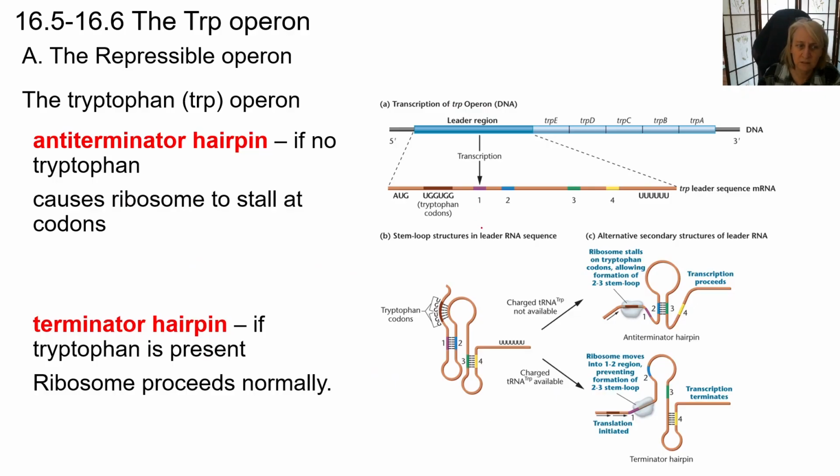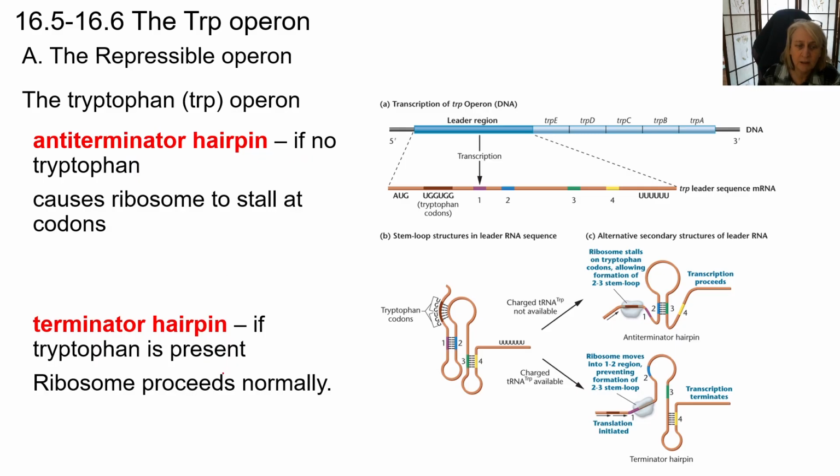This terminator hairpin, or an anti-terminator hairpin, is caused by a series of nucleotides, and they will form hydrogen bonds with each other, forming these really characteristic turns and shapes. This actually will cause ribosomes to stall if they're trying to translate this, so that they're unable to do it. The anti-terminator hairpin is made if there is no tryptophan.